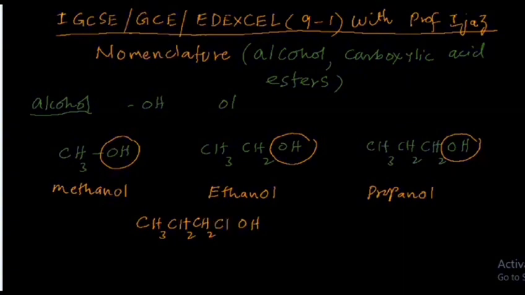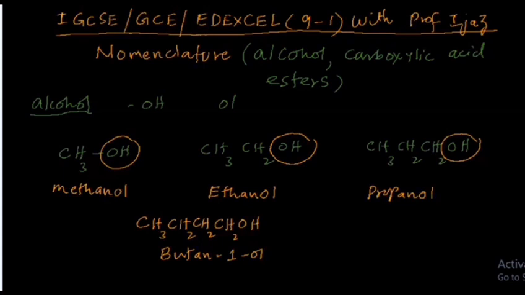And if you add just one more CH2 group, you will get the structure of butanol. So this is butanol. But more specifically, because the OH group is present on the first carbon, this is butane-1-ol.